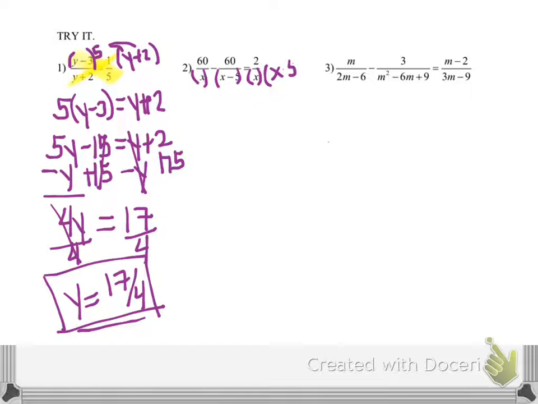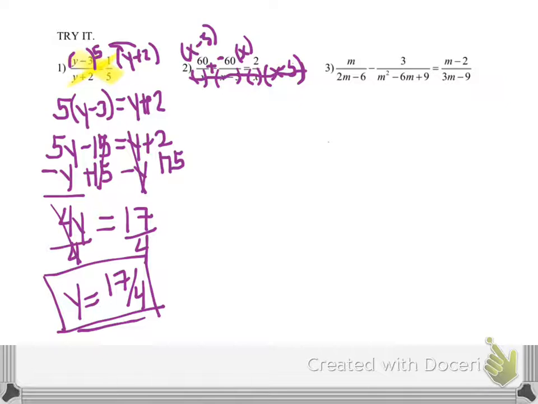And remember, this is really just on top. Okay, I have to multiply this one by x. I have to multiply this one by x minus 5. So ignore the denominators. I have a minus here, right? So that means I'm going to turn this into a plus and make this 60 a minus.